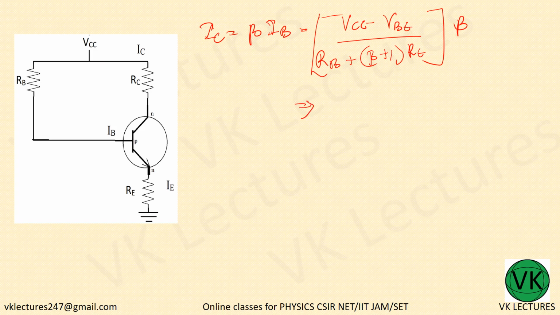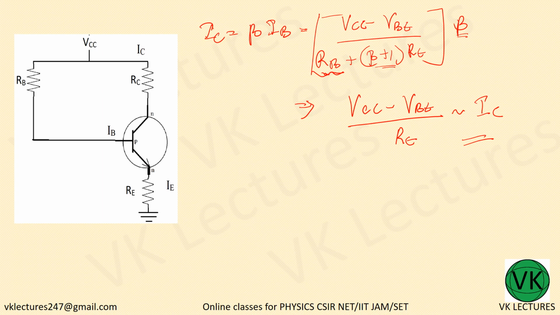Let me write the simplified form also. VCC minus VBE divided by beta plus 1 into RE. So beta into beta plus 1, we are removing this RB, what you are getting? Divided by RE, beta plus 1 into beta. That means you can cancel beta and beta plus 1. So this is approximately equal to your IC.